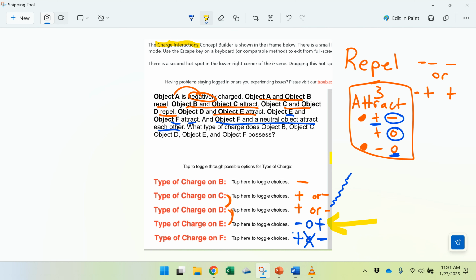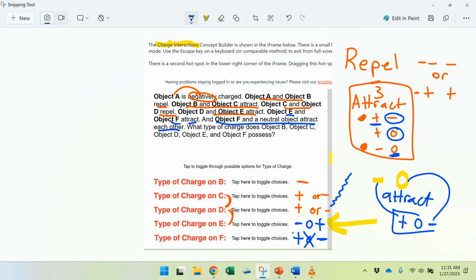For example, if something could be negative or neutral and something is attracted to it, it's important to note that if it's negative, then it could be positive or neutral and attract to it. But if it were to be neutral, it could actually be negative as well. And so if something could be negative and neutral, there's actually three options.